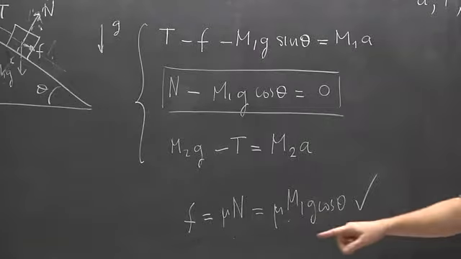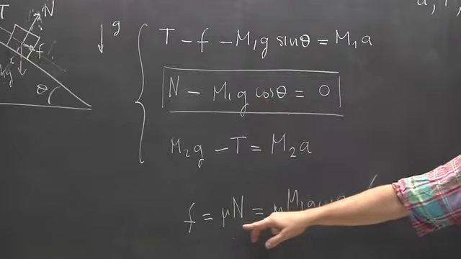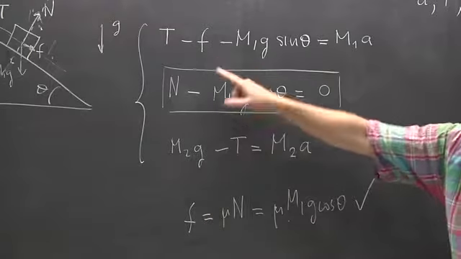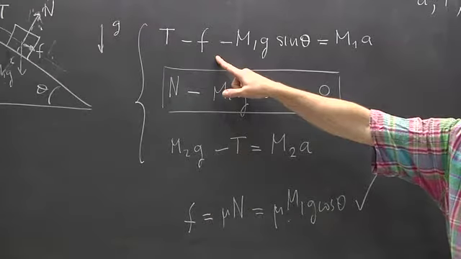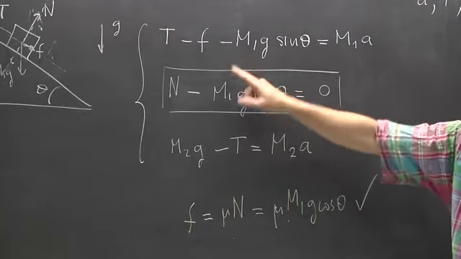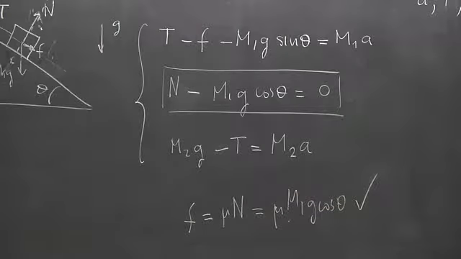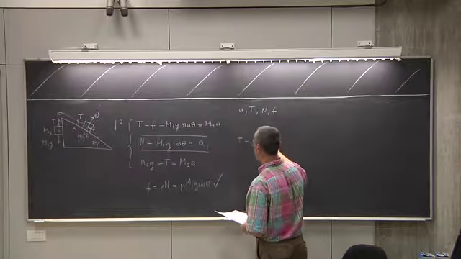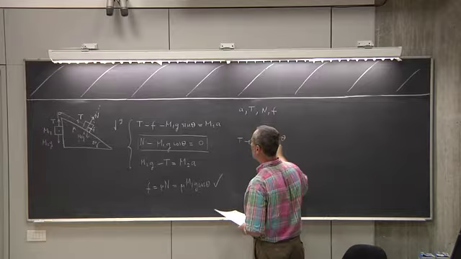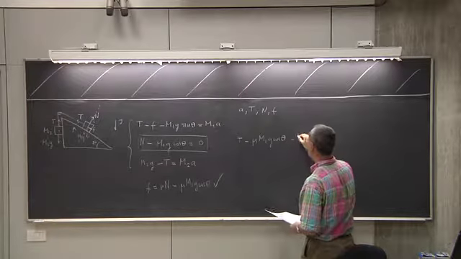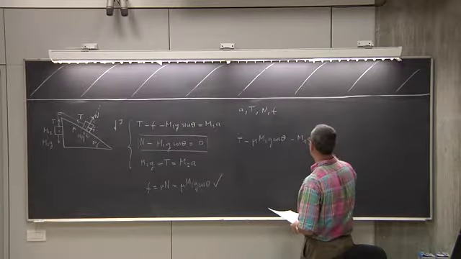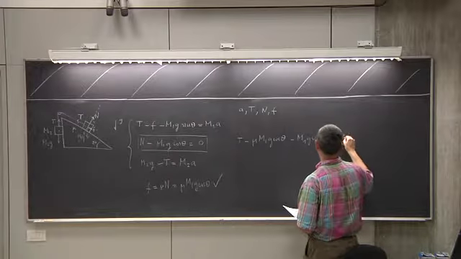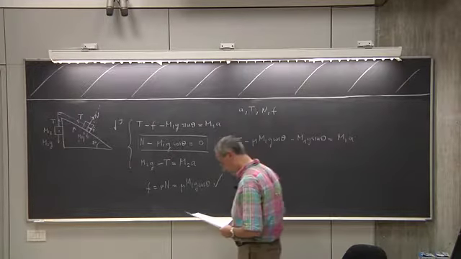So to solve completely the problem, I only need to plug this in this term. So if I do that, I get T minus mu m1g cosine theta minus m1g sine theta equal m1 times the acceleration.